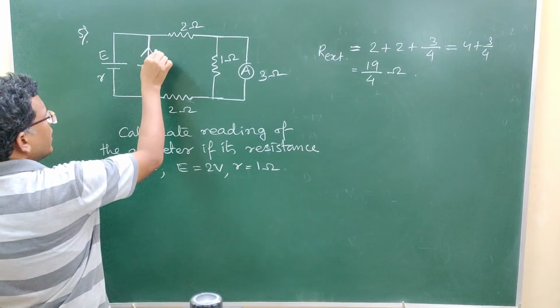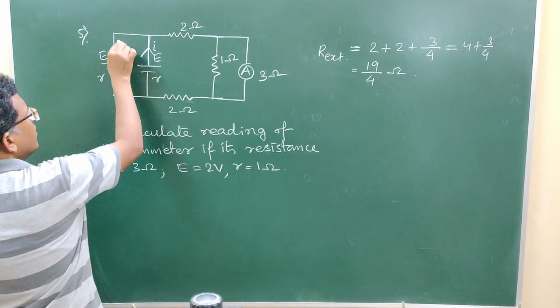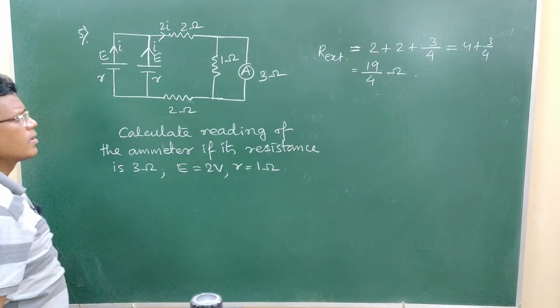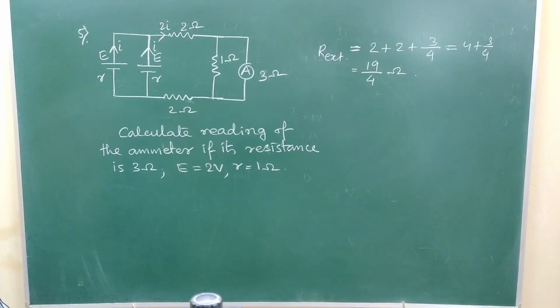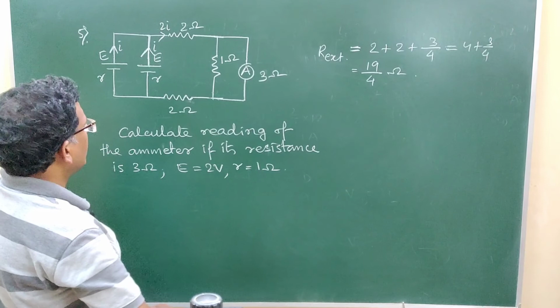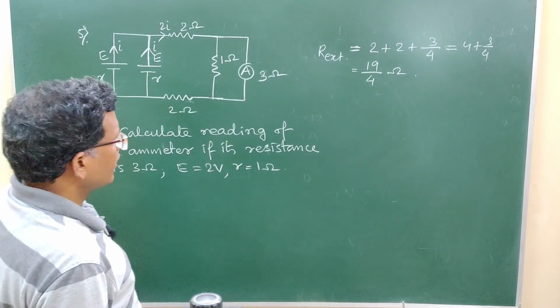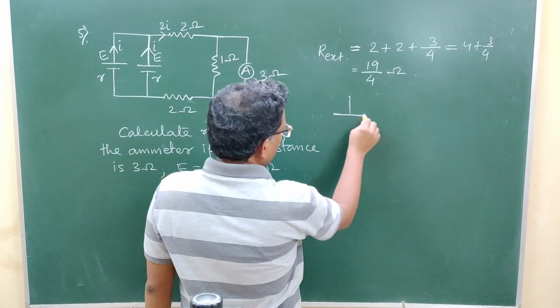So what we can do is, if we draw current I from each battery, then here it will be 2I, right? The internal resistance is given as 1 ohm and the EMF is 2 volt. Then we can calculate the value of I using the loop rule.